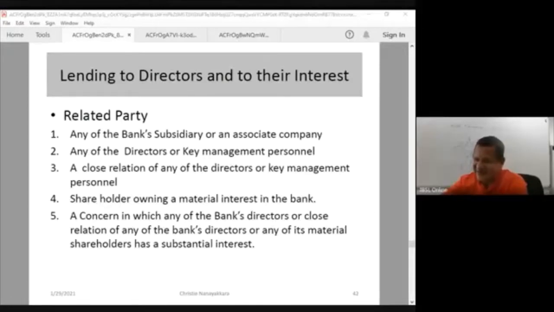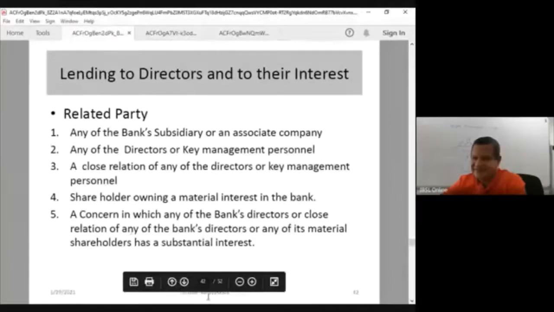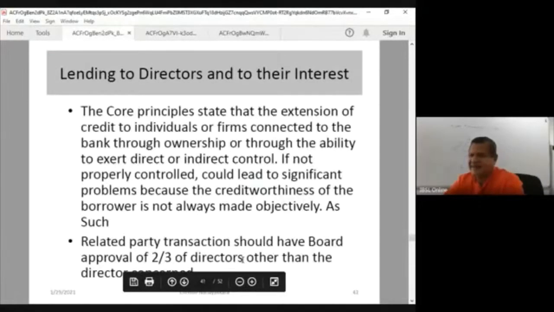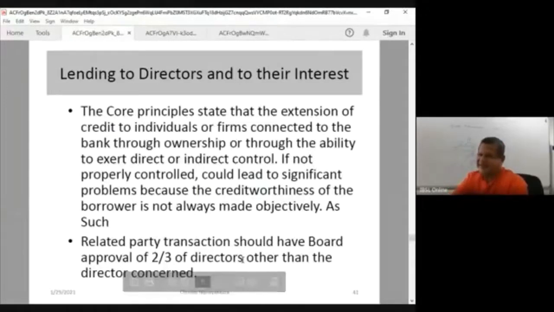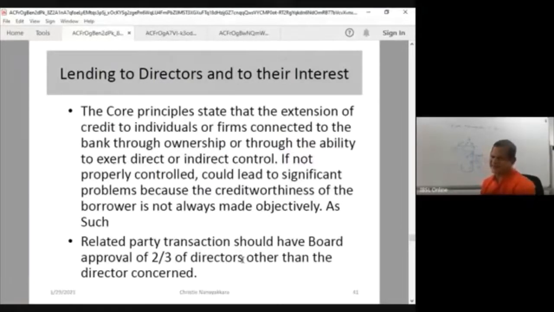So, related parties, we'll see now. That is the categorization. The core principle states that extension of credit to individuals or firms connected to the bank through ownership and through the ability to exert direct or indirect control, if not properly controlled, could lead to significant problems because the creditworthiness of the borrower is not always assessed objectively.